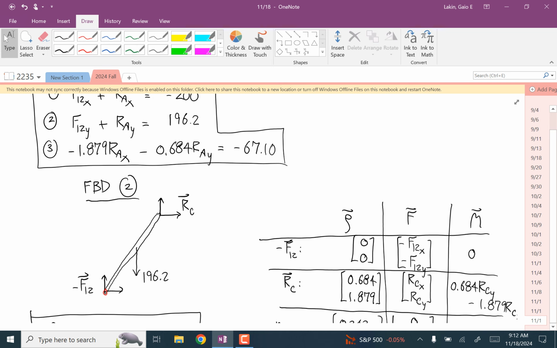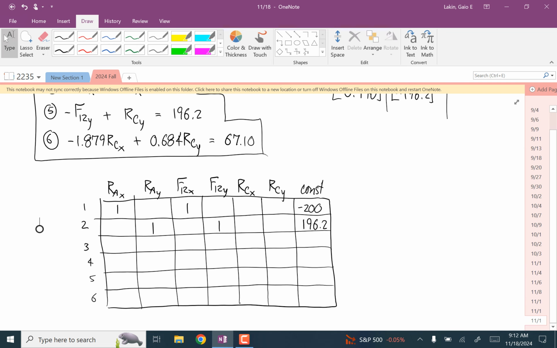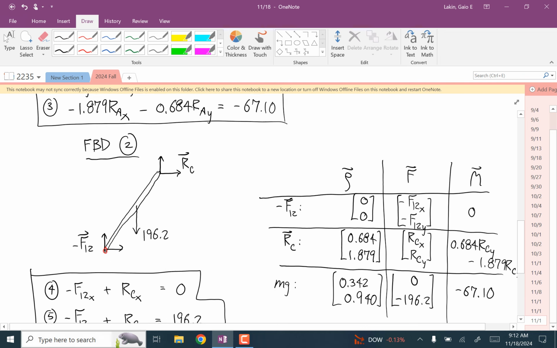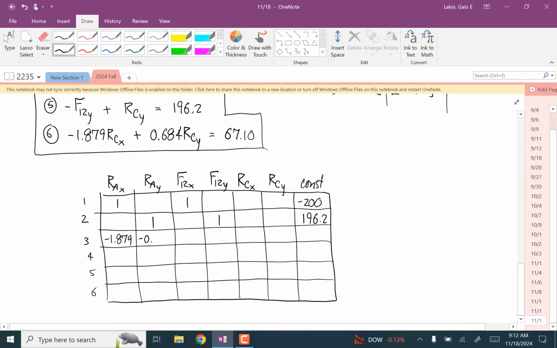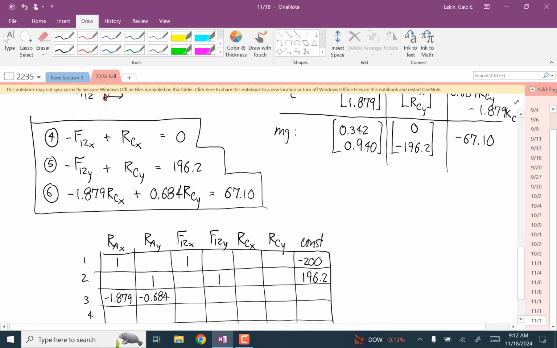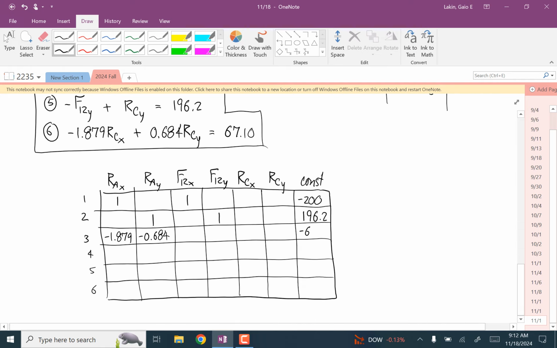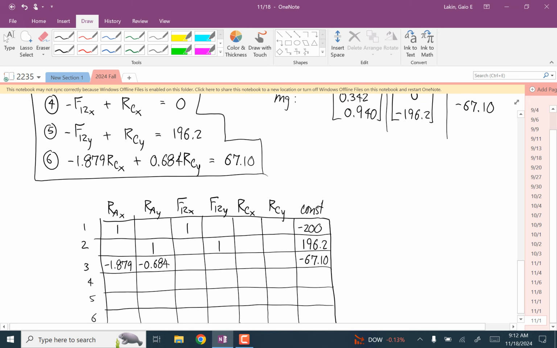And then for equation 3, RAX, we have negative 1.879. RAY, negative 0.684. And the constant is negative 67.10. And then the next three equations. F12X, we have negative 1.